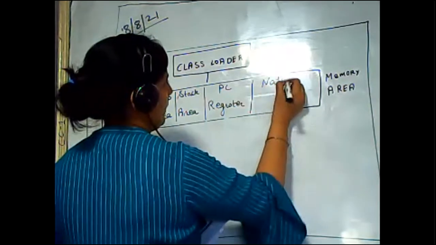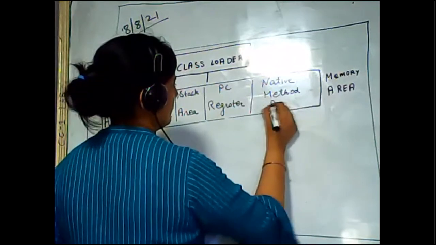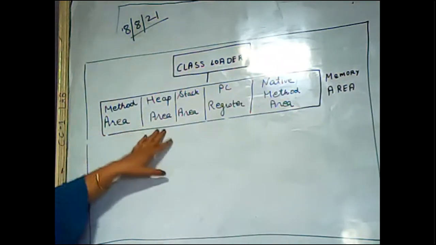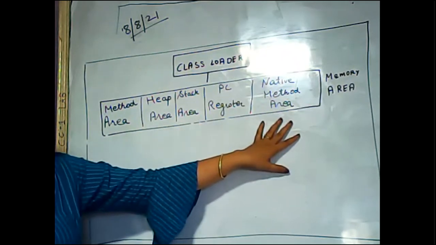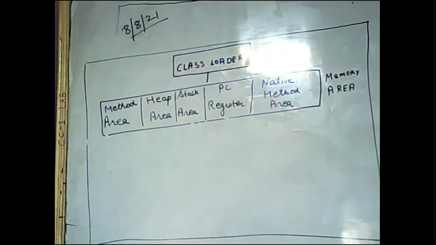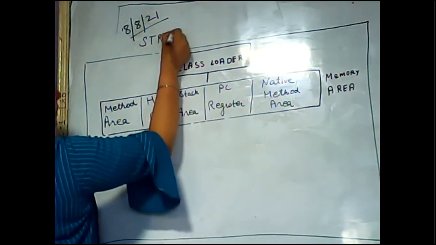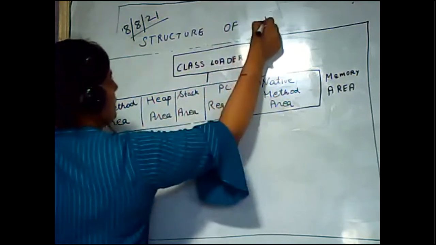So again: method area, heap area, stack area, PC register, and native method area. These are the basic memory areas available in the JVM, and this is the structure of the JVM.